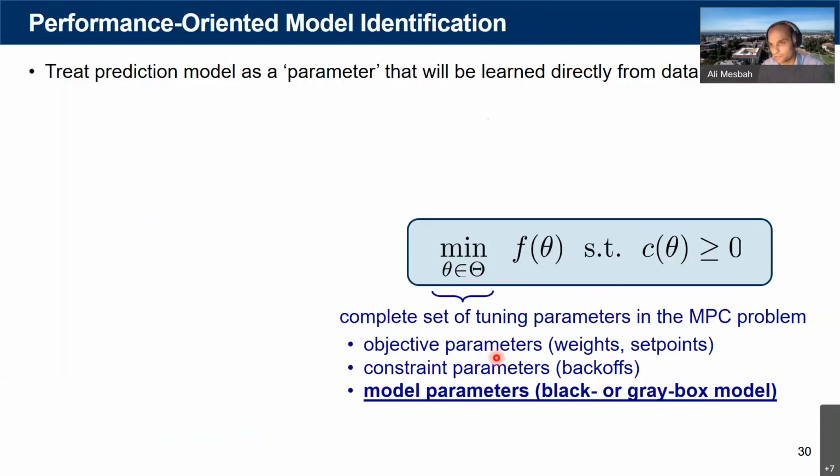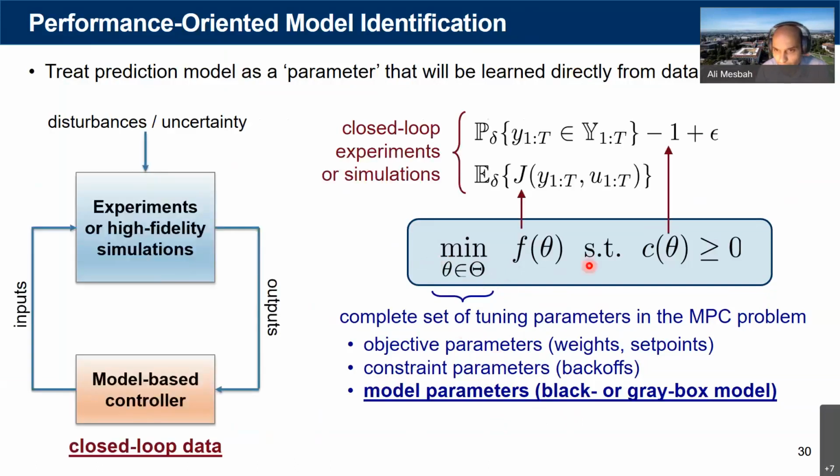But in this talk, I'm going to really limit my discussion to the model parameters. Let's say you have some physics-based model or some data-driven model. So the parameters of this model would constitute your decision variables here. And these functions, this cost objective function f of theta and the constraint c of theta, these are essentially some closed-loop performance measures of interest.